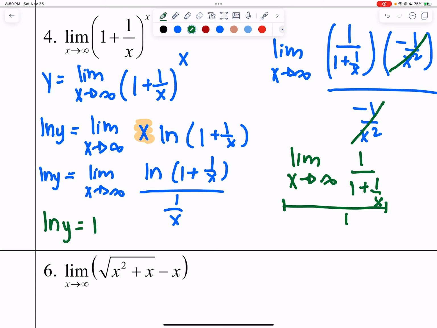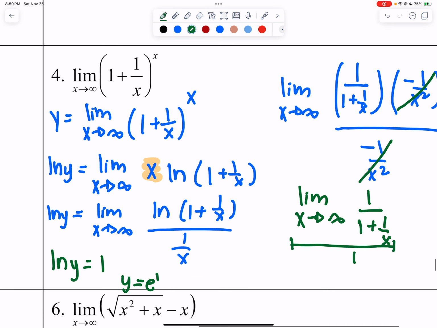So using our basic Math 3 skills, we are going to get y is equal to e to the first power, which means that the limit as x approaches infinity of 1 plus 1 over x to the x power is e to the 1.